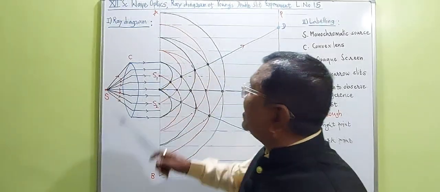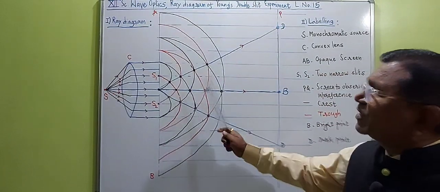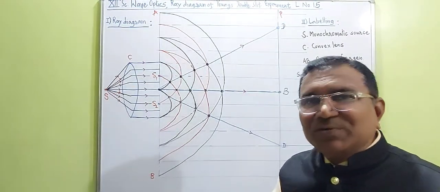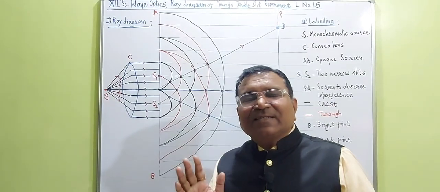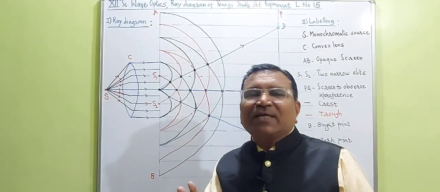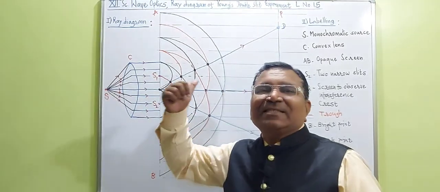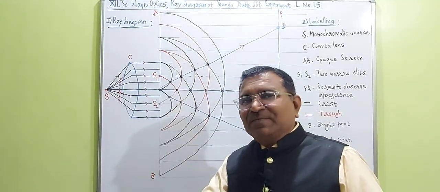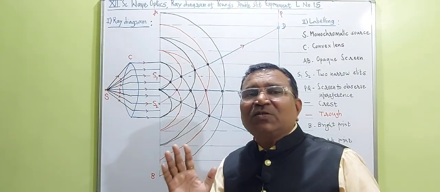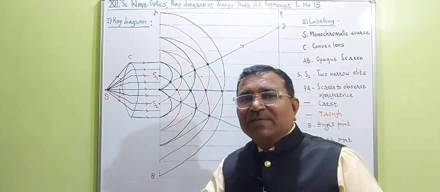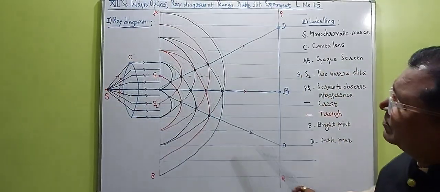So this is a ray diagram. How that ray diagram is drawn, I have already told you in lecture number 14. This is lesson number 15, and in this lesson we want to study the explanation of Young's double slit experiment. This is the labeling.